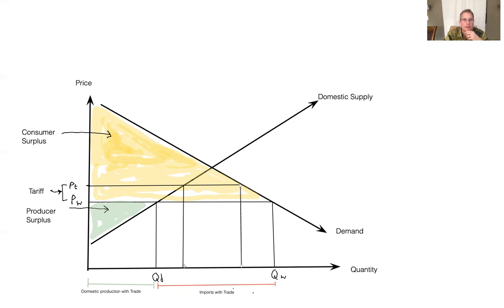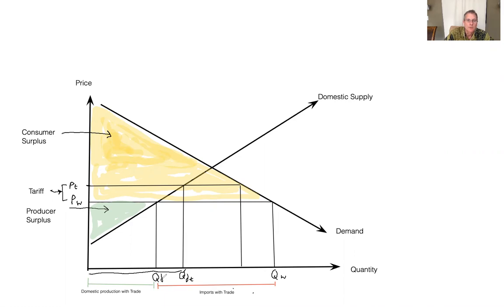So what ends up happening here is basically that these quantities change. So this is going to be, we'll call it Q domestic with the tariff, QDT. So from here to here now is how much the domestic producers are going to produce.